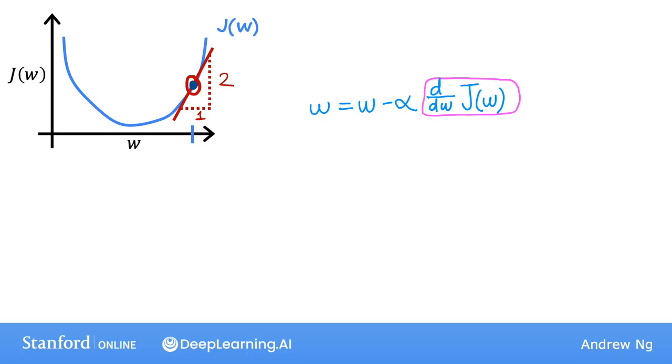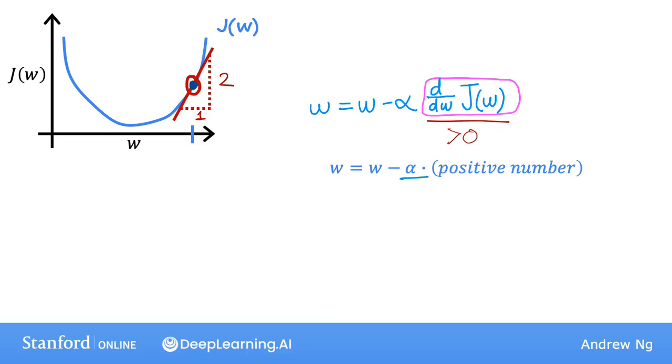When the tangent line is pointing up and to the right, the slope is positive, which means that this derivative is a positive number, so it is greater than 0. And so the updated w is going to be w minus the learning rate times some positive number. The learning rate is always a positive number. So if you take w minus a positive number, you end up with a new value for w that is smaller.